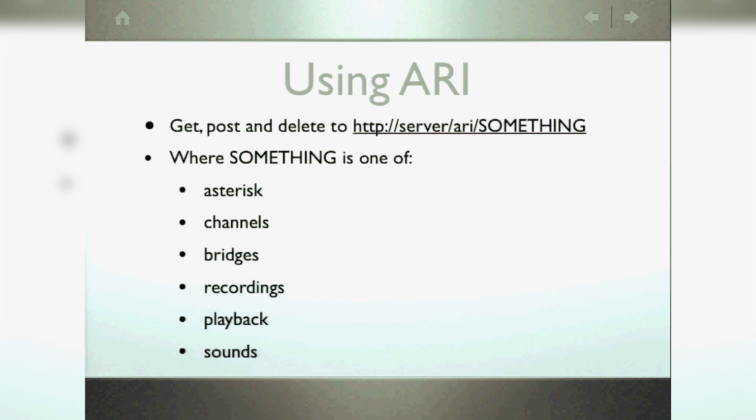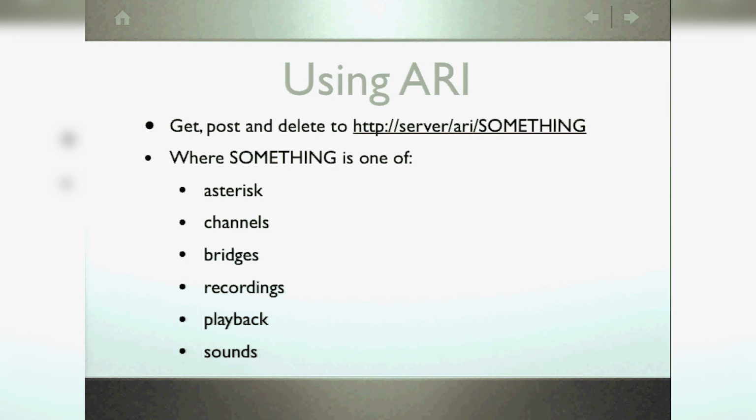Now the cool thing in ARI is that when you make a call, for example, you're going to put it into an ARI Stasis application. So you write a piece of code that's your Stasis app that you run in the background, and it connects to Asterisk and receives events, and it registers itself as like my app or hello or whatever.